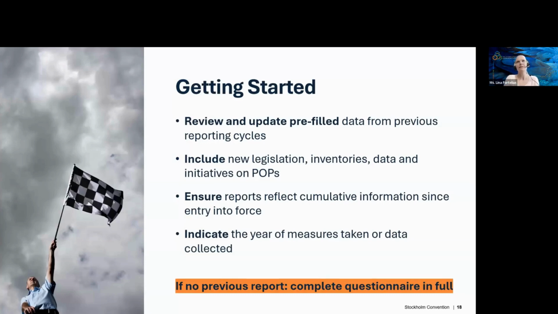How to get started to fill in the report: you review and update the pre-filled data from previous reporting cycles and try to include new legislation, inventories that have been updated, and data and initiatives on POPs in your country. And ensure the reports reflect the cumulative information since entry into force of the convention. And please also indicate the year of measures taken or data collected.